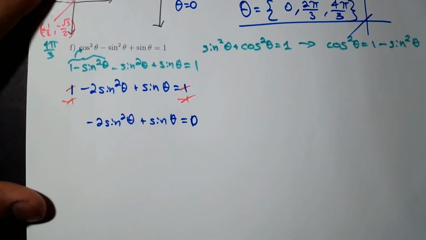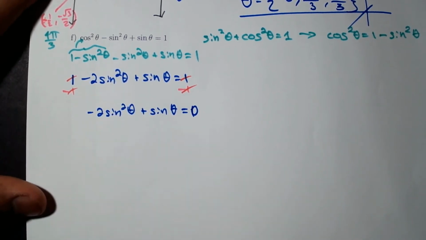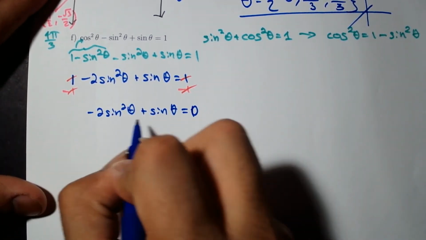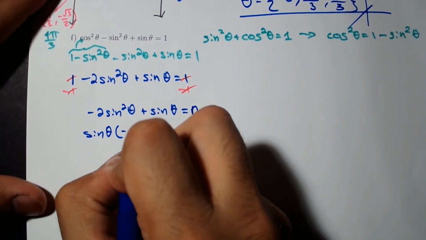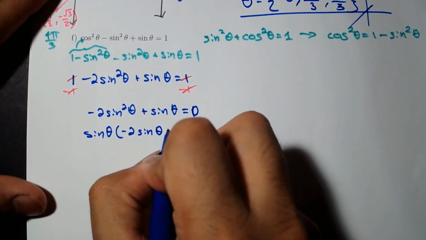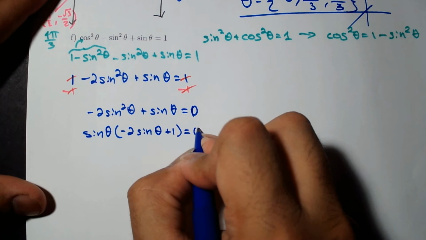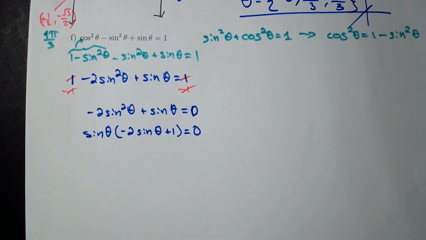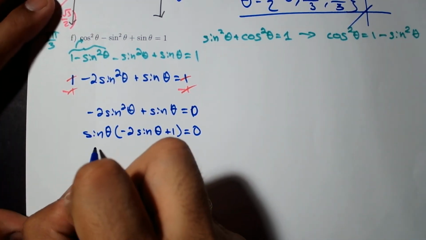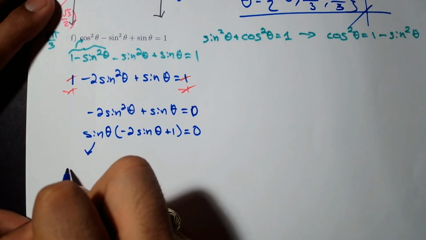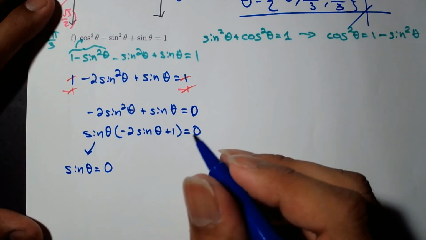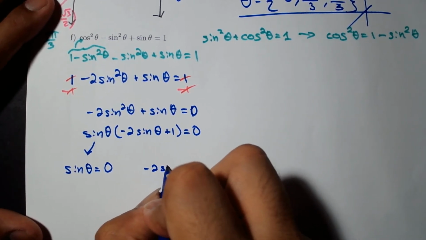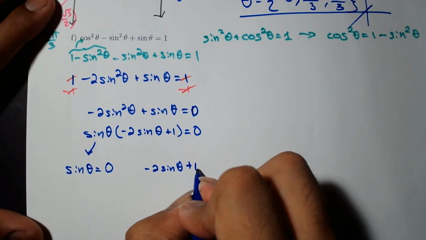Okay, so how are we going to solve this equation? In this case, I'm going to factor out sine theta: sine theta times negative 2 sine theta plus 1 equals 0. Using the zero product property, on the one hand, sine theta equals 0, and on the other, negative 2 sine theta plus 1 equals 0.